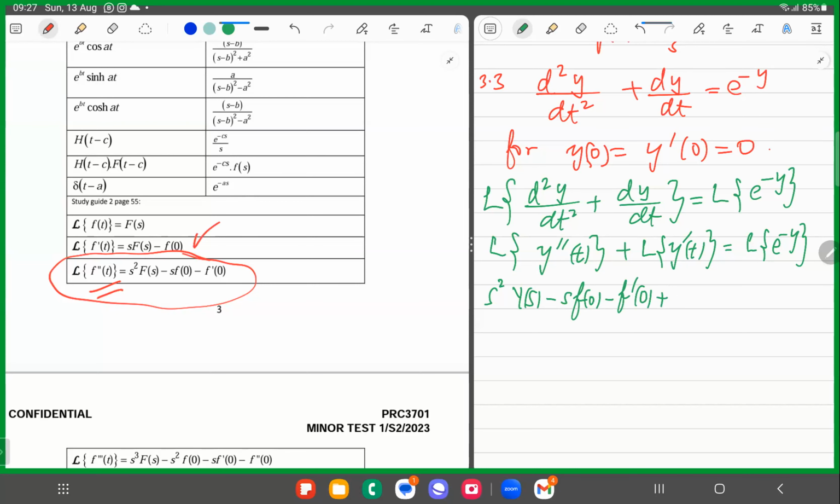So it is exactly s y of s minus f of 0. I just called it f, but please, let's just call it y here. Even here in the place of f, we're using y because the differential equation has y, although the rule has f. Obviously, just time symbols. Right, so here we have minus f of 0, which is minus y of 0, which is equal to L of e to the minus t.